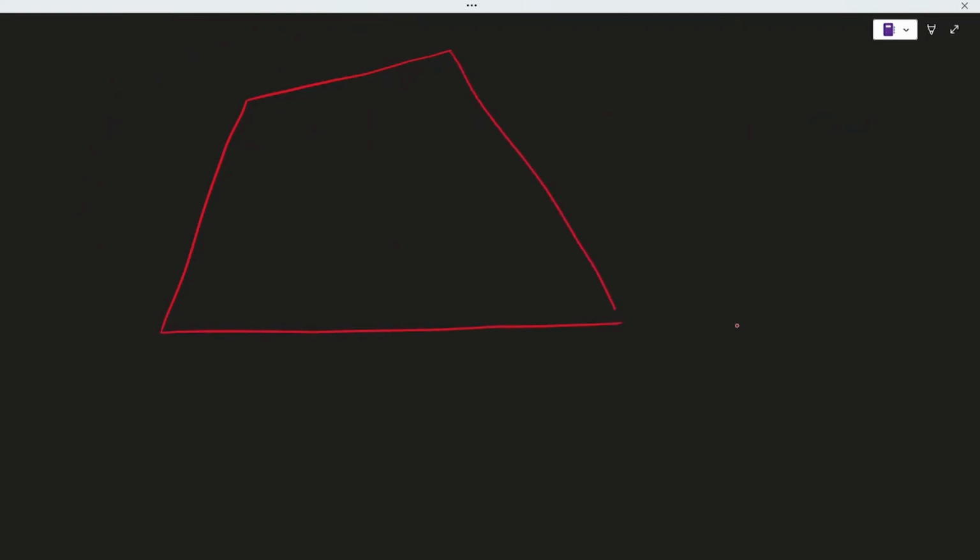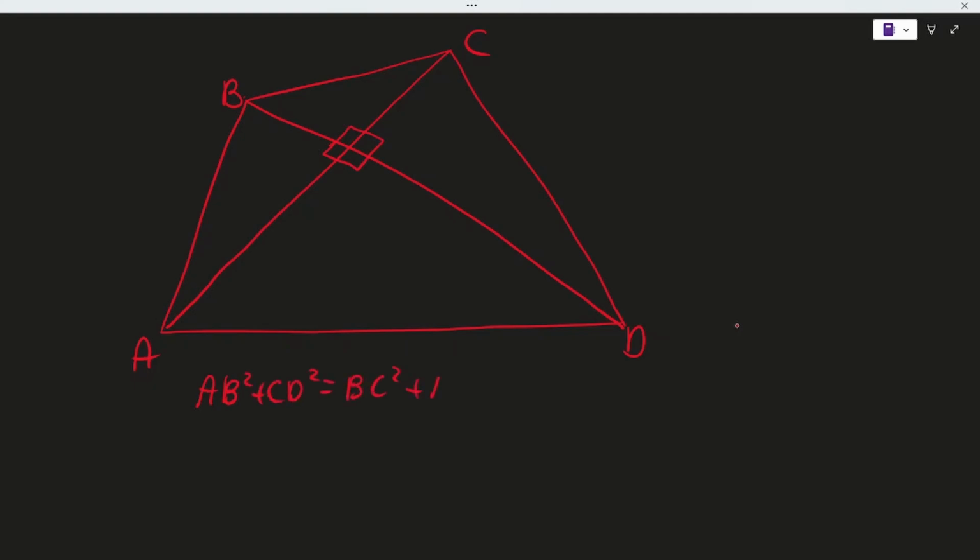If we just choose a quadrilateral such that AC is perpendicular to BD, here we will get AB square plus CD square equals BC square plus AD squared. And to show this, we will just use Pythagorean theorems in triangles AEB, BEC, CED, and AED.